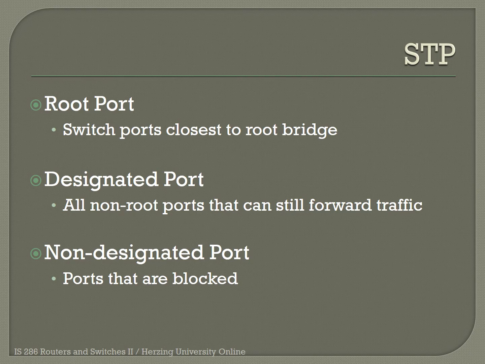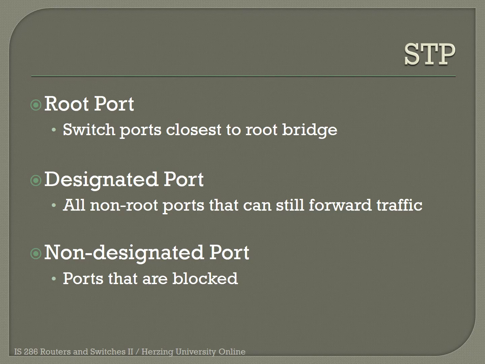The connections to these ports will always be open. In other words, root ports are not blocked. Designated ports are ports that are not root ports, but are still not blocked. Non-designated ports are ports that are blocked in order to prevent loops.